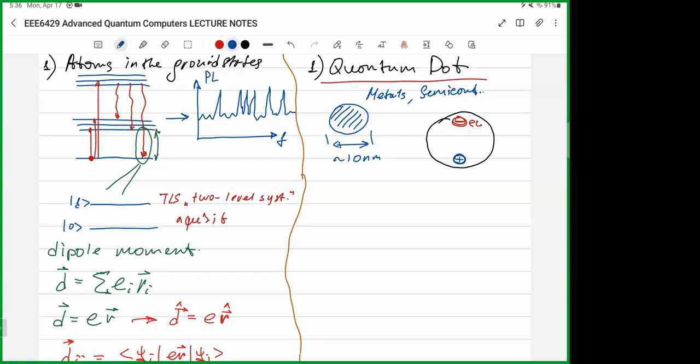One particle is negatively charged, another one is positively charged, so they interact electrostatically, according to the Coulomb law. So they have this electrostatic interaction and bonding. This bonded structure of electron and hole is the so-called exciton.